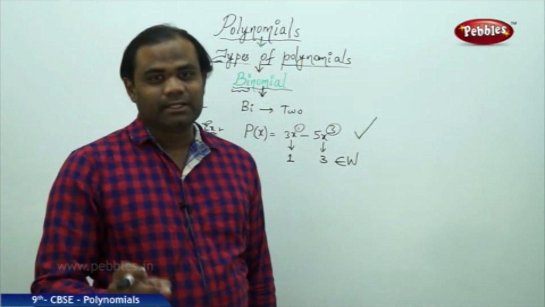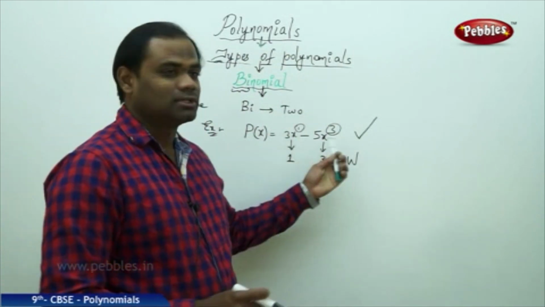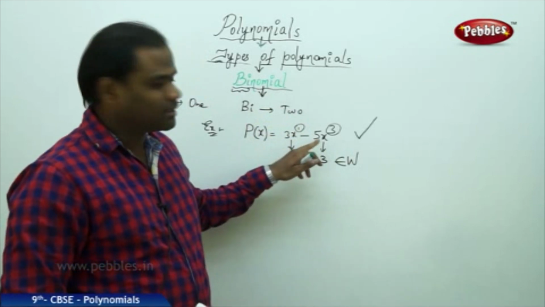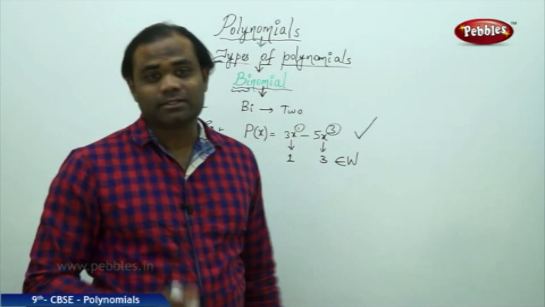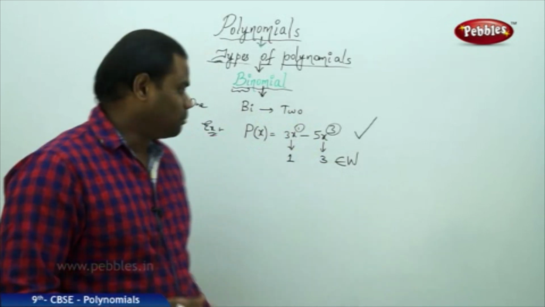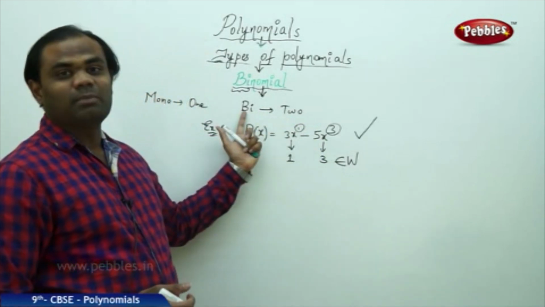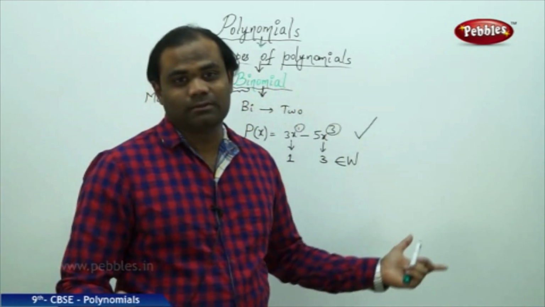Now exclusively, this is a polynomial of two terms, the first term being 3x and the second term being negative 5 times of x cubed. So a polynomial which has two terms, which is bi, hence a binomial.